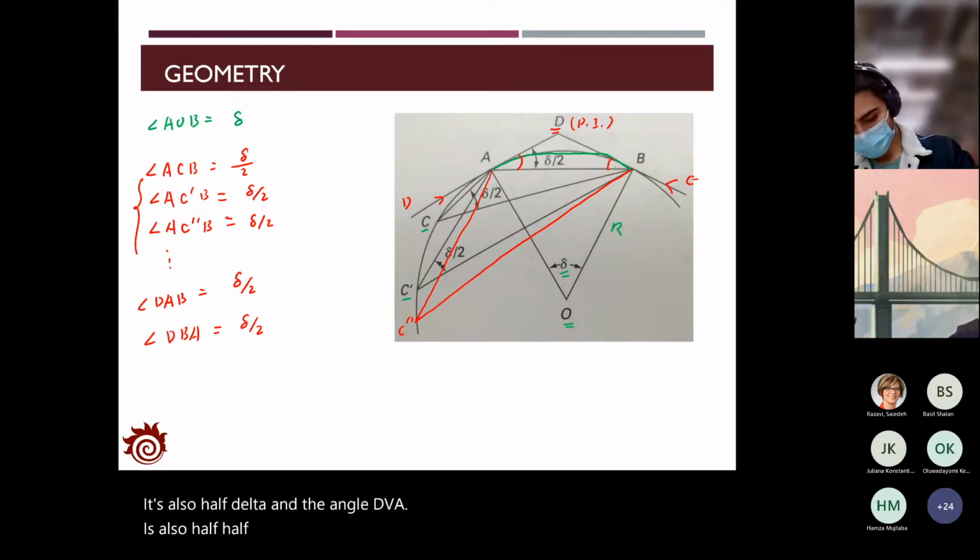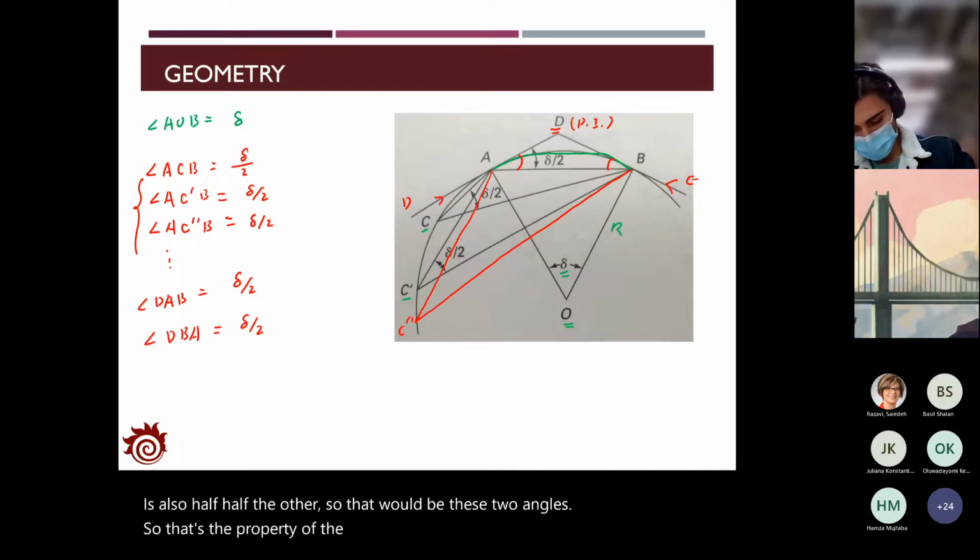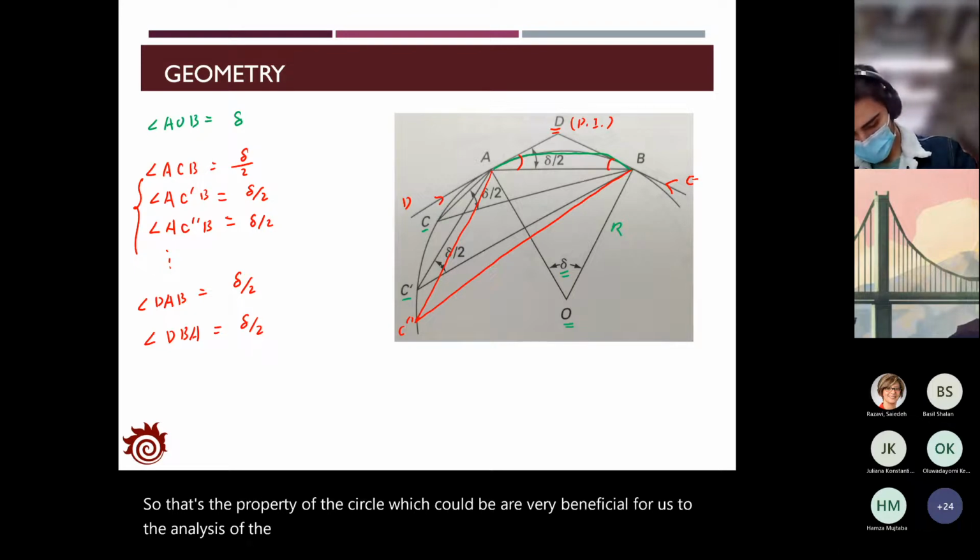So those are these two angles. That's the property of the circle, which is very beneficial for us to analyze and lay out the horizontal curve for connecting two straight lines.